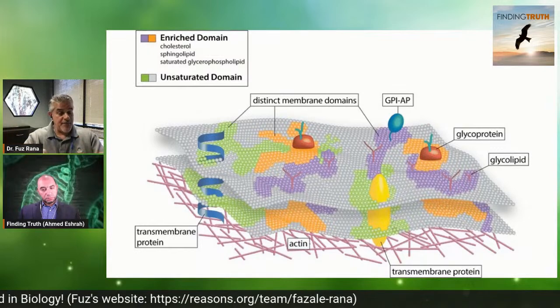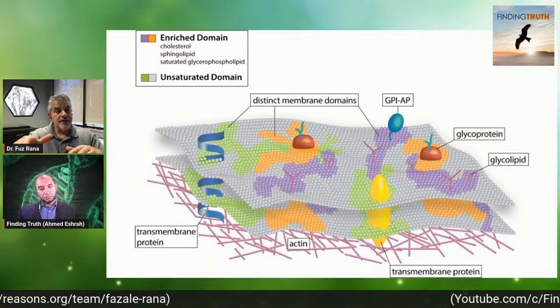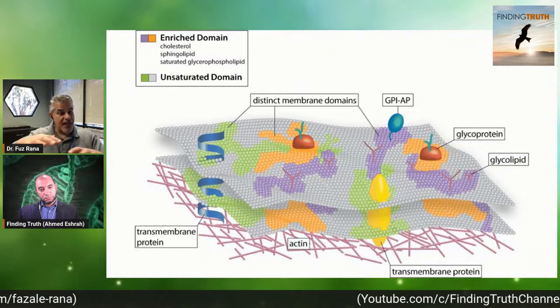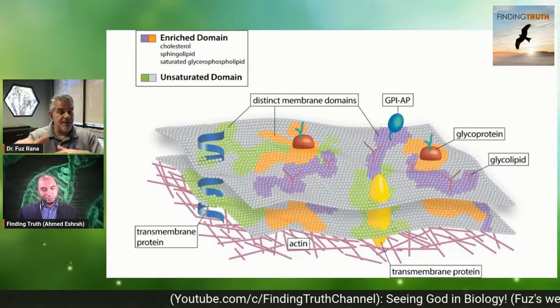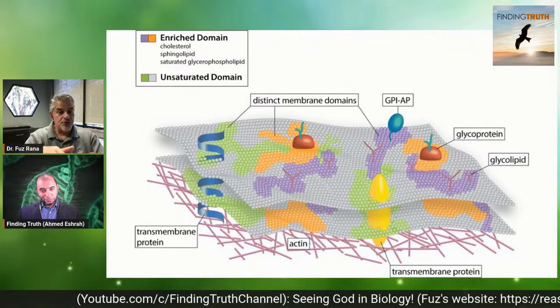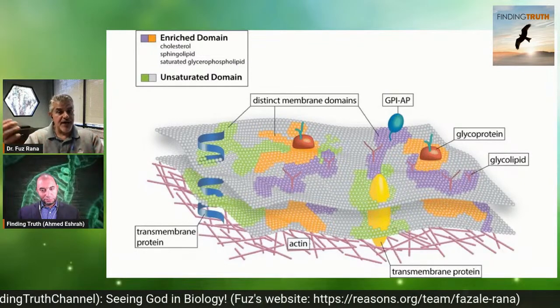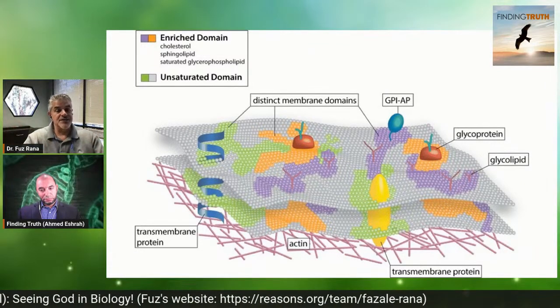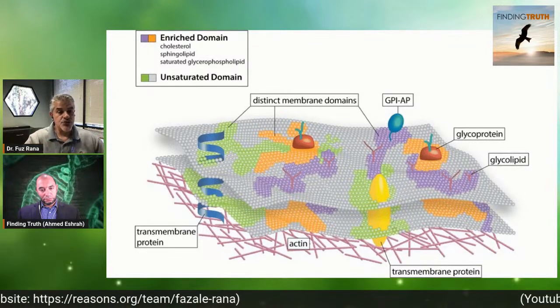And it's a dynamic ordering, because these are domains that are probably changing shape and moving around the bilayer over time because of lateral diffusion and other mechanisms like that. But nevertheless, there is this longer range order that exists in cell membranes.